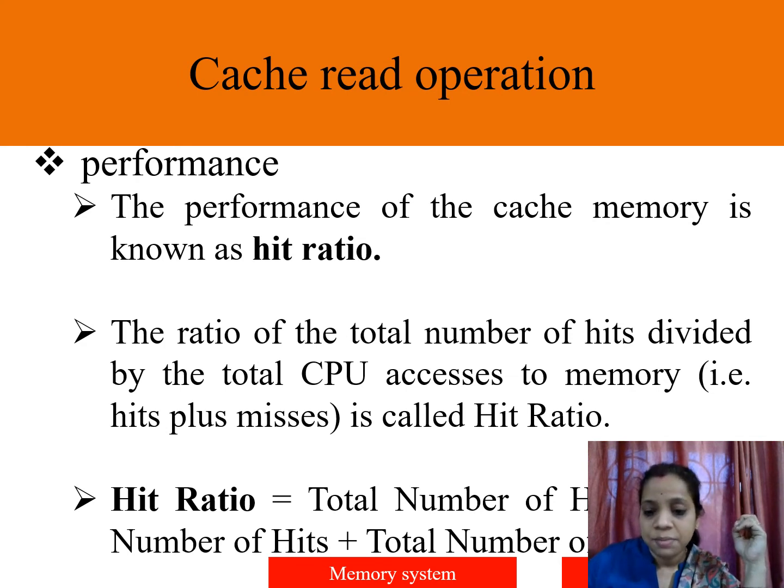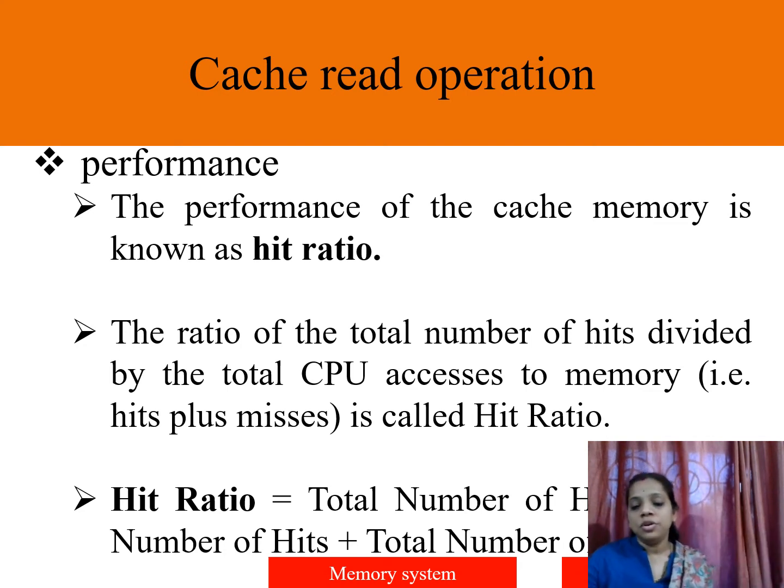We should take some precautionary steps so that there is not again a cache miss, because unnecessarily it will increase the cache access time: a cache miss again, and again we have to move to the main memory. So we have to ensure that cache misses should not occur.